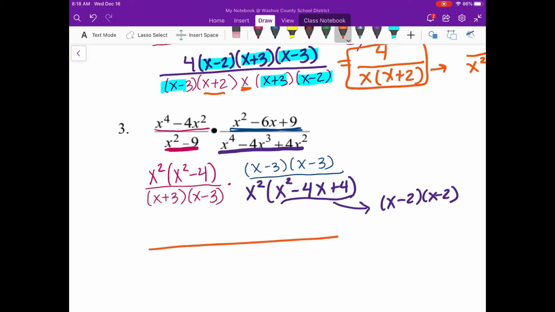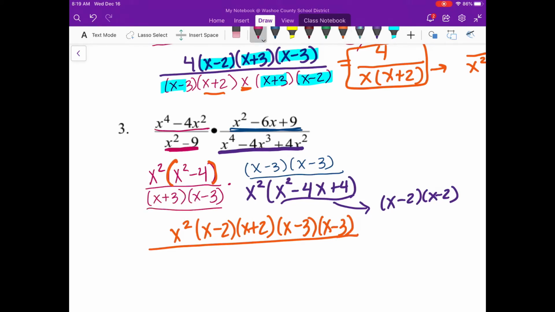So just to make it all one, I'm going to rewrite it all. The numerator, nothing changed. I still have x squared. Oh, just kidding. We have to further factor this one out. X squared minus 4 is a difference of squares, which factors out to x minus 2, x plus 2. And then on the right, we don't have anything that's changing. We still have x minus 3 and x minus 3.